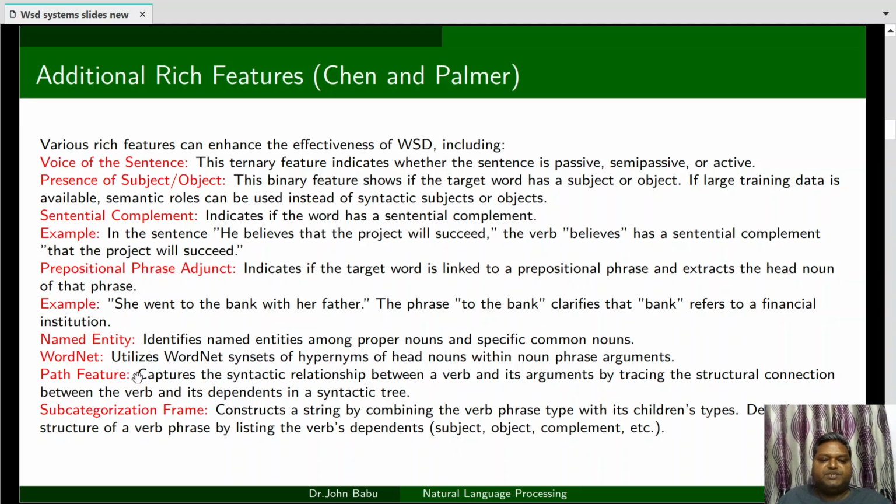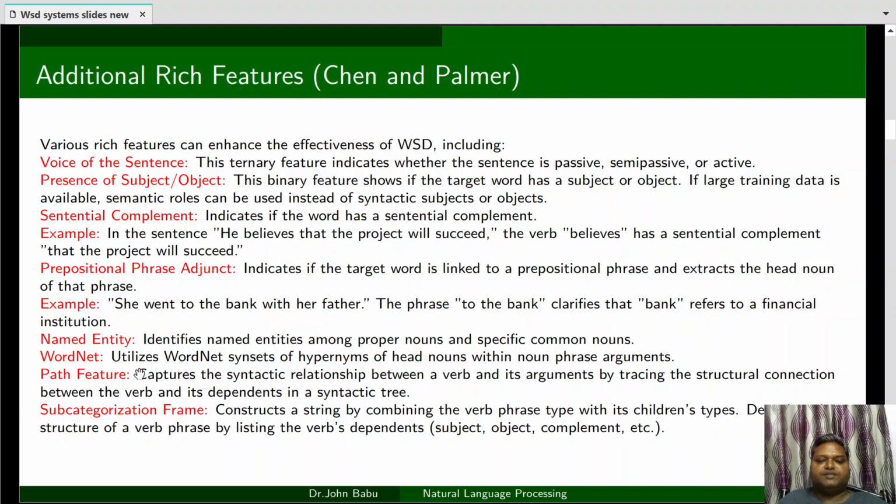Path feature: in dependency parsing, we identify a head word and other words are linked to that word with a path. How the head word is linked with other words is known as a path, and even that path is used as a feature.